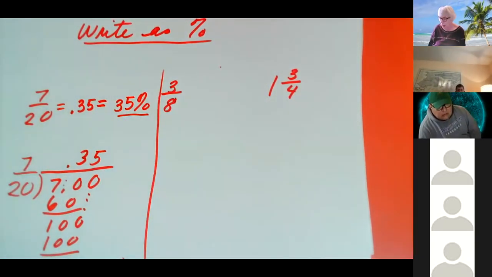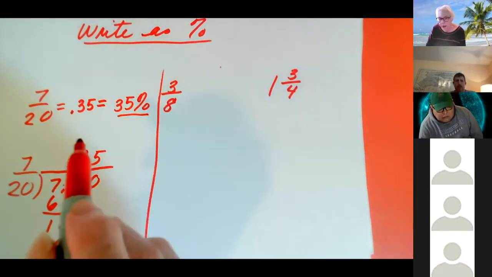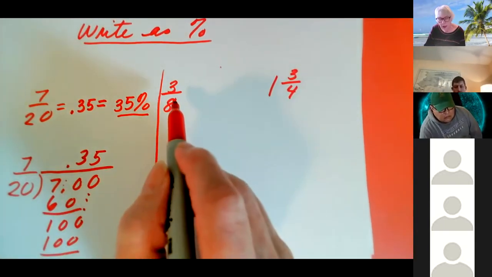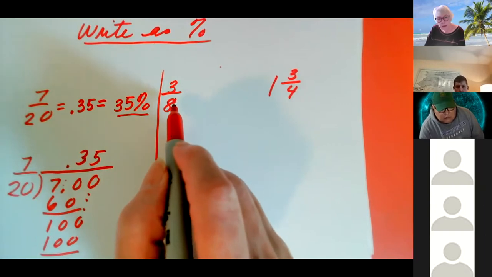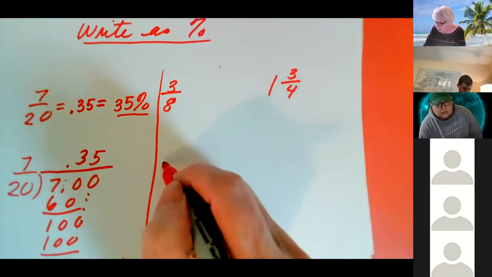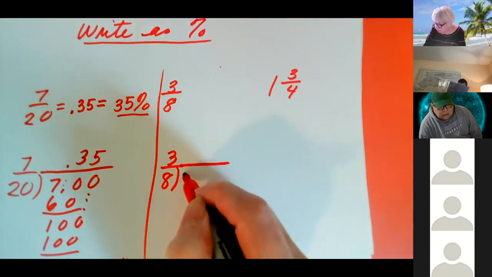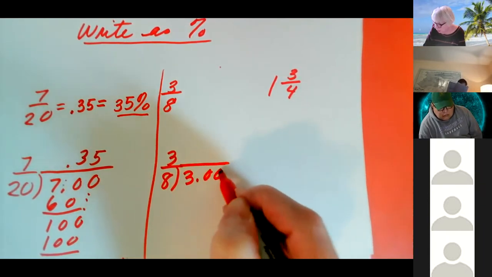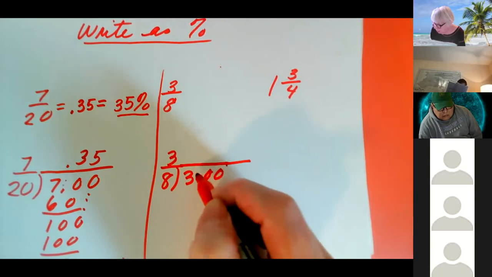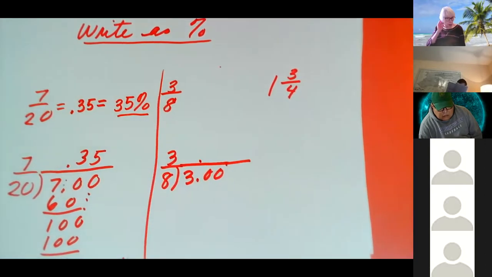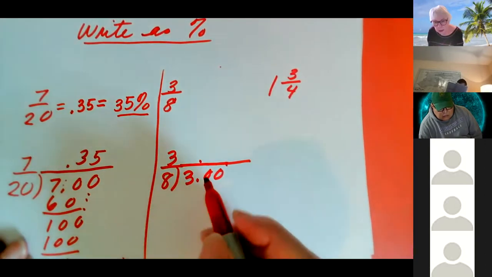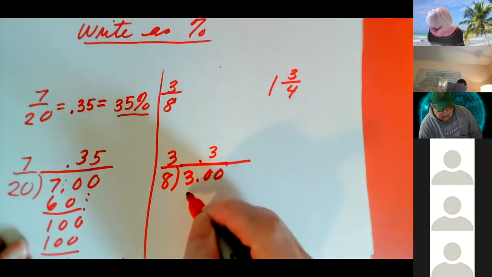Okay. There was another way to do this, but I'm going to do this one next. 3/8. 3 divided by 8. I am going the fraction way, and I'm bringing my decimal up. 8 into 30 goes 3 times. This is 24.